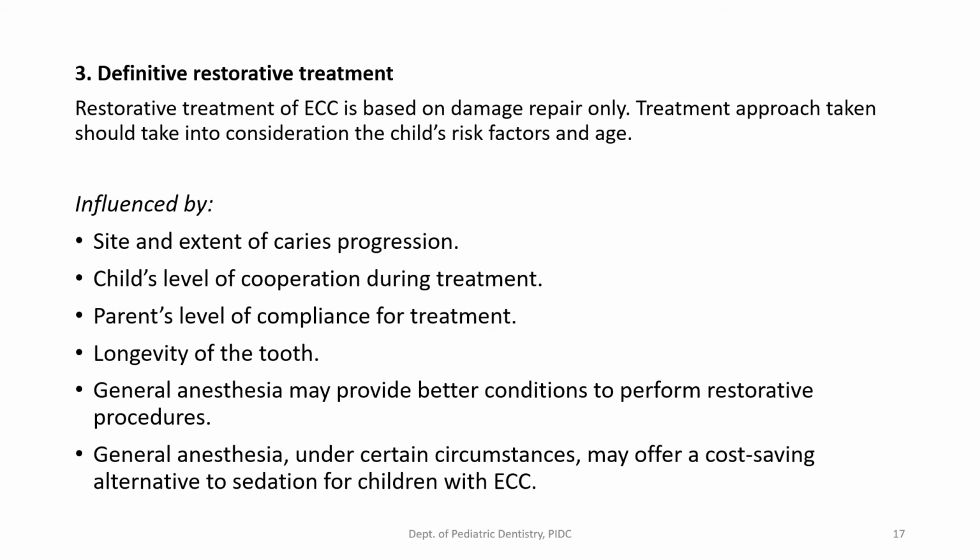But if you have a tooth which is going to exfoliate in the next 6 months or 8 months, maybe you don't want to put a stainless steel crown on that tooth, and you can work with a regular GIC and wait for the tooth to exfoliate physiologically without any intervention. So we have to look at the longevity of the tooth. We need to look at the root resorption, the eruption of the permanent tooth, the developmental stage of the succedaneous tooth, and things like that.